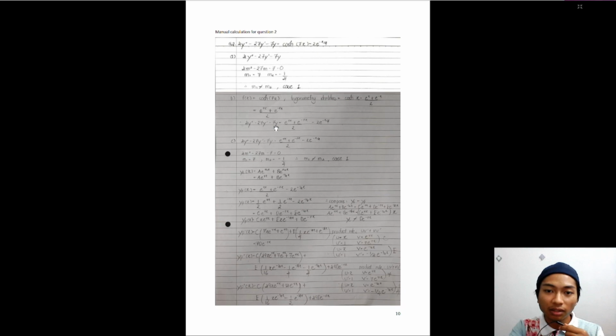By using the trigonometry identity, cosh x equals e to the x plus e to the negative x, divided by 2, we put it in the equation and get cosh 7x equal to e to the 7x plus e to the negative 7x, divided by 2, and this is the final equation.